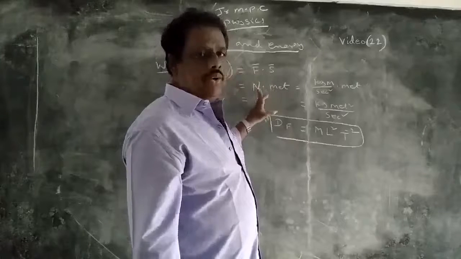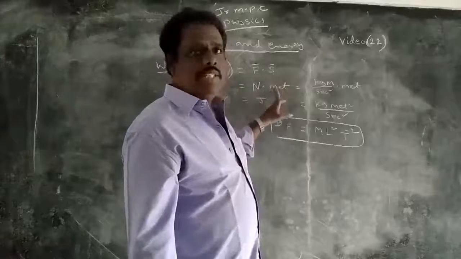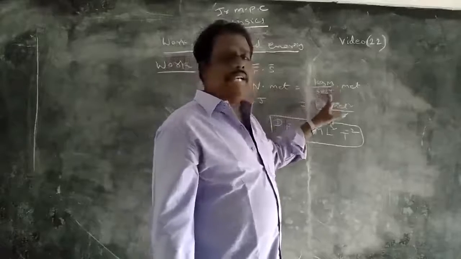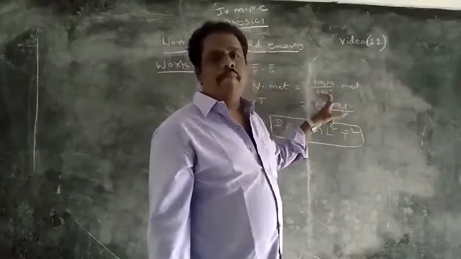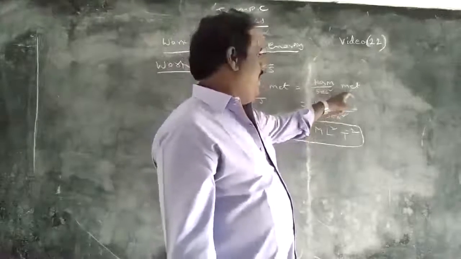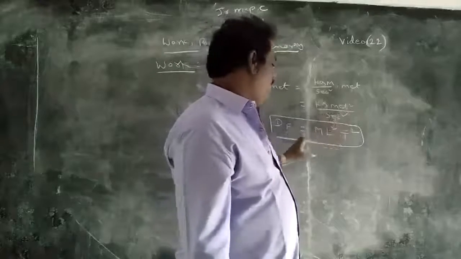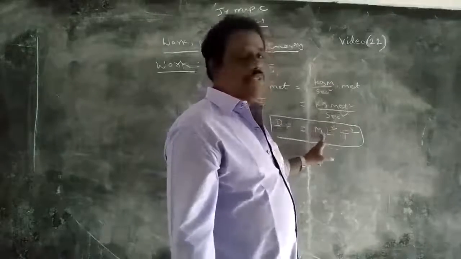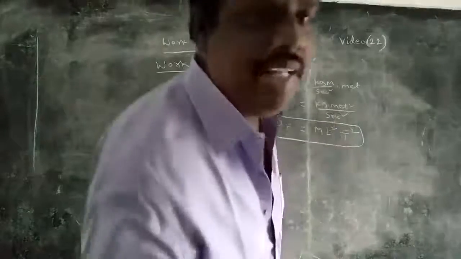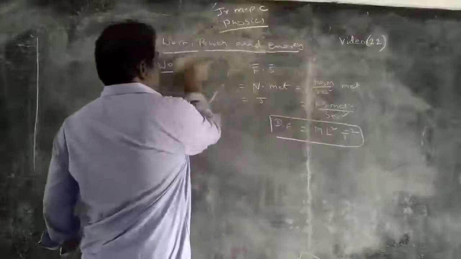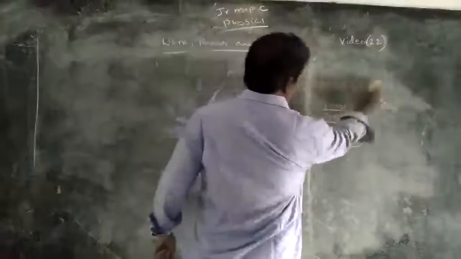Force units are newtons, displacement units are meters. Newton should be written as kg meter per second square, according to the formula F is equal to ma, again into meter, it will become kg meter square per second square. So the dimensional formula becomes M L square T power minus 2. This is the dimensional formula for work done.